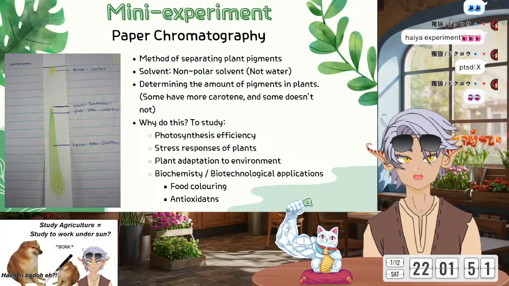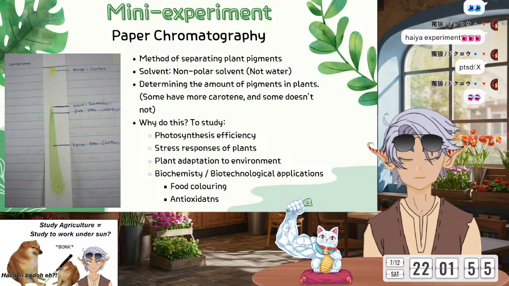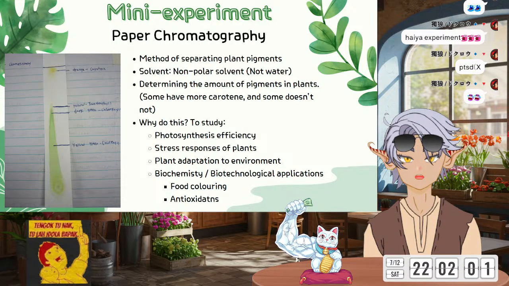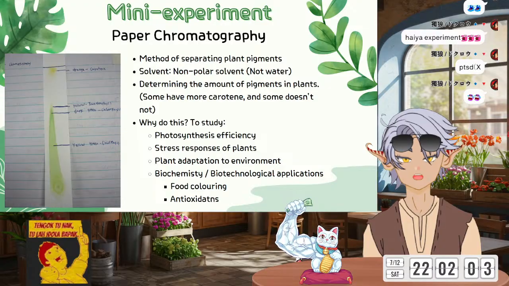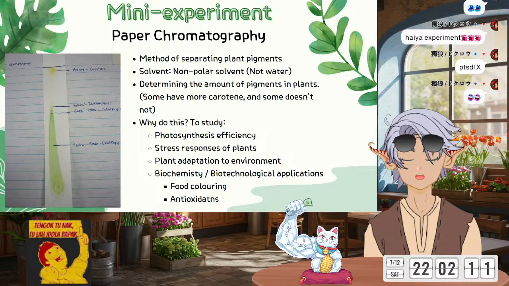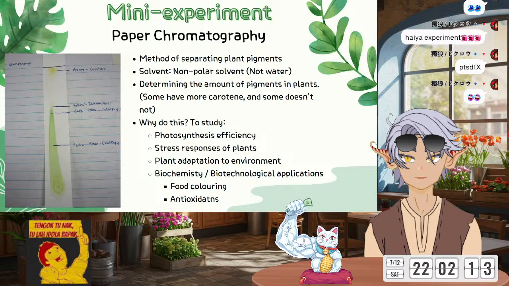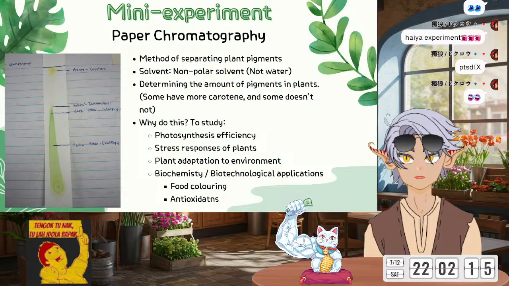Although water, as we studied in secondary school, is the universal solvent, it is not suitable for this experiment because it involves separating the pigment. So the solvent has to be an organic solvent.